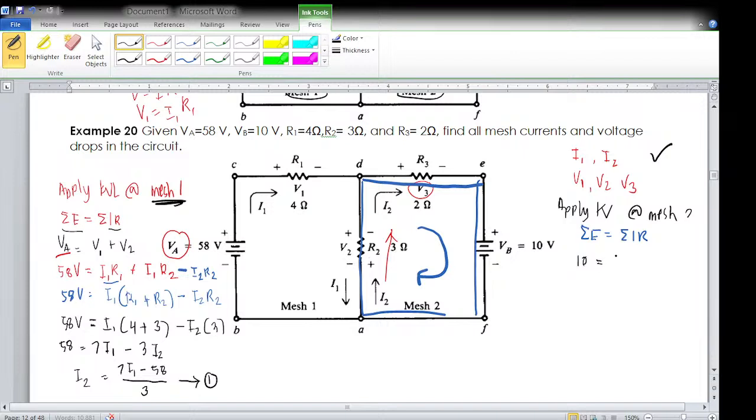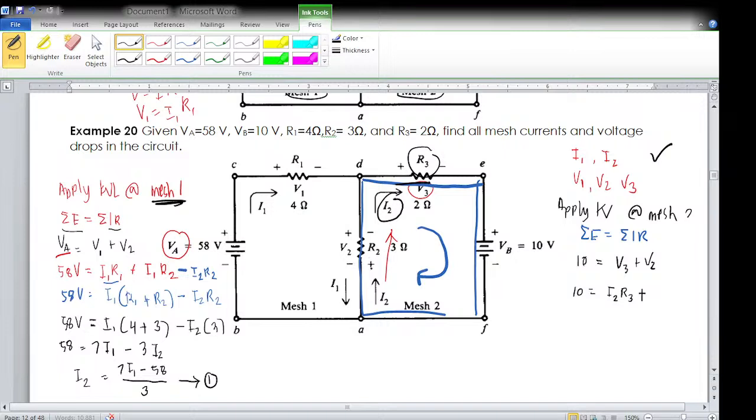V3 and V2. Just V3 and V2. But V sub 2 again has two currents, just like earlier. Now, how are you going to solve for V sub 3, based on the diagram, using Ohm's law? I2 and R sub 3, ma'am. I sub 2 is flowing through it, and R sub 3. How about V sub 2?